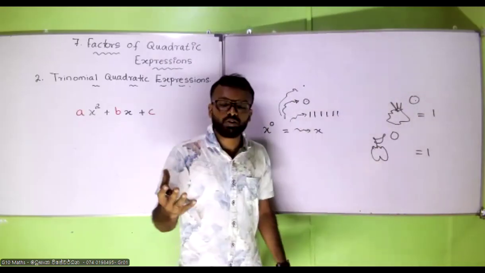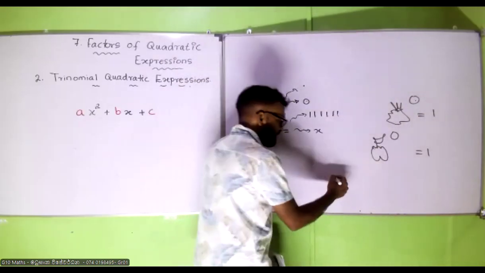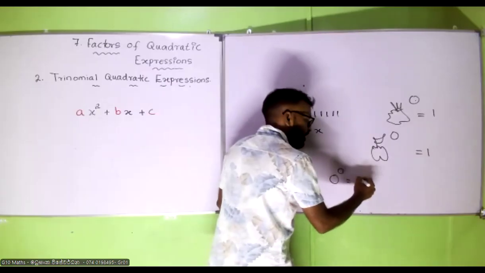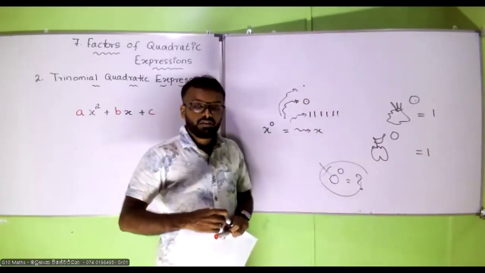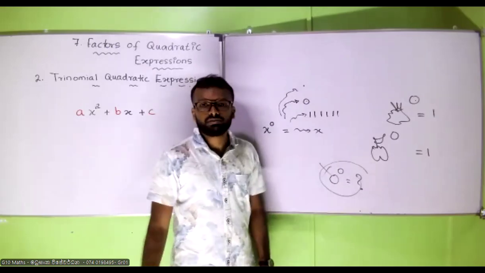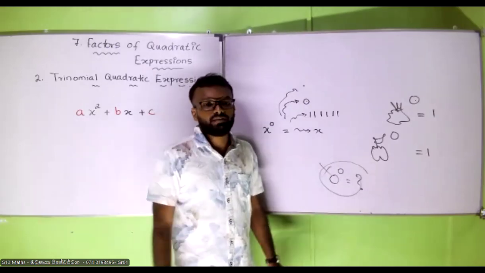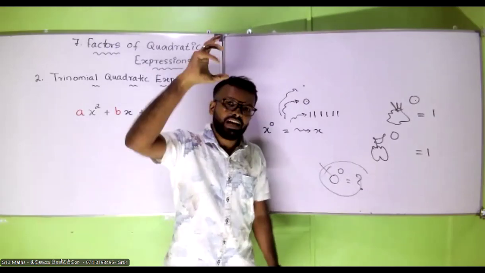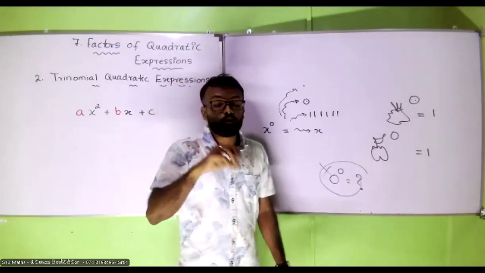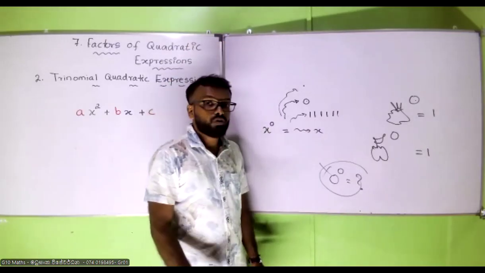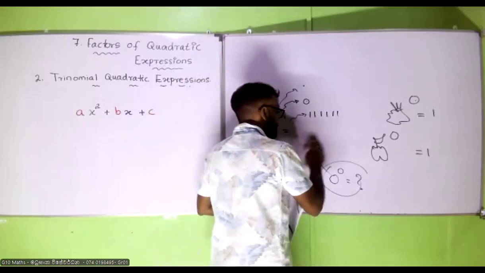Anything to the power 0 except 0. 0 to the power 0, no one knows. No mathematician has figured it out. So keep that in your mind. Any number except 0 to the power 0 is equal to 1.